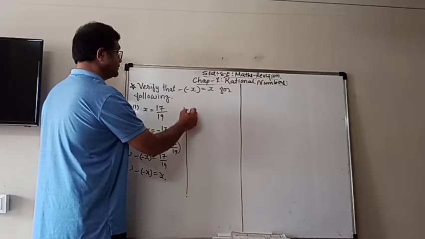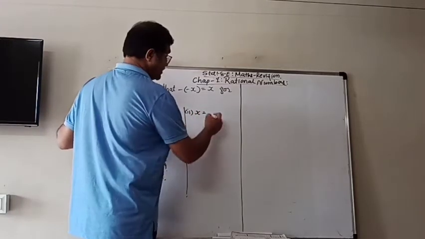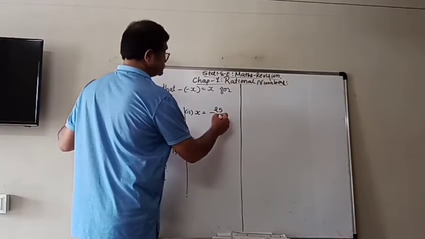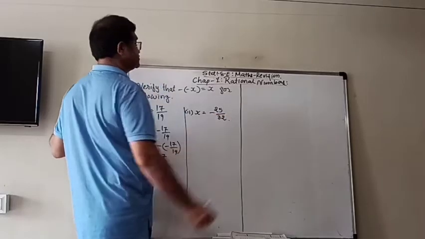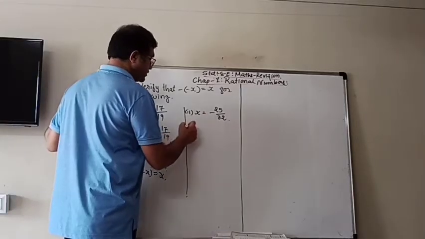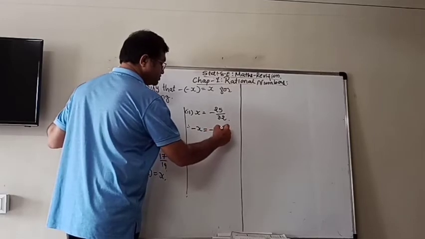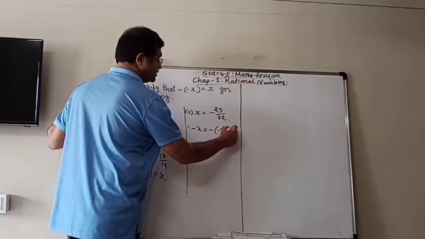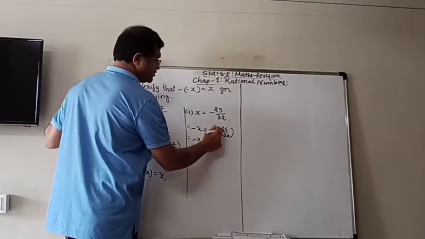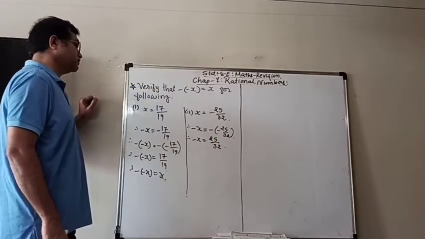Let's take another example. Say x is equal to minus 25 upon 32. Therefore negative of x will be negative of minus 25 upon 32. It means negative becomes positive, 25 upon 32.